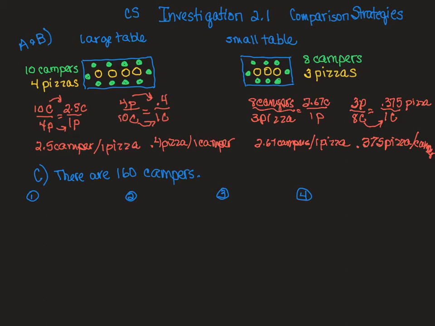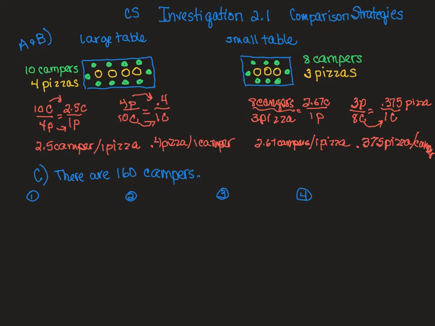Okay, so if I look at this and I'm comparing, this is how I can use the unit rate. At the small table, I'm seeing more campers are sharing a pizza because 2.67 campers are sharing a pizza. At the large table, only 2.5 campers are sharing a pizza. So it looks like if I take that ratio, that they get more. Let's look at it the other way. In the large table, 0.4, 4/10 of a pizza goes to each camper.